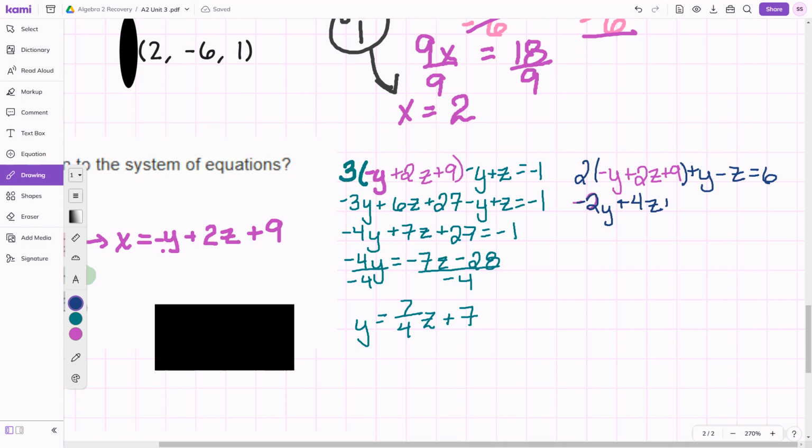I'm just checking my work. Minus 2y, 4z, plus 18, plus y, minus z equals 6. Don't keep distributing. I almost wanted to keep on distributing. So I have a negative y when I combine like terms, plus 3z, plus 18 equals 6. Now I'm going to move everything to the right side of the equation.